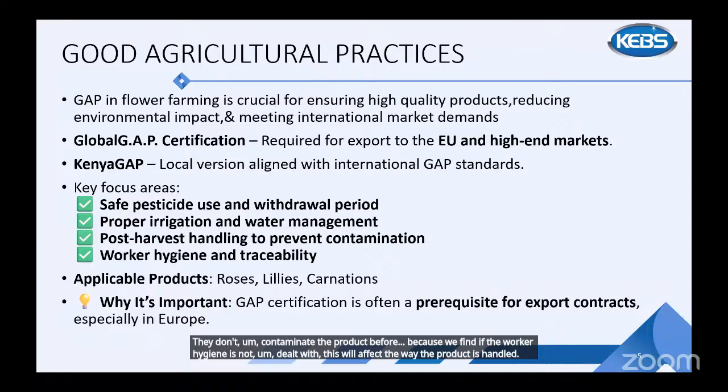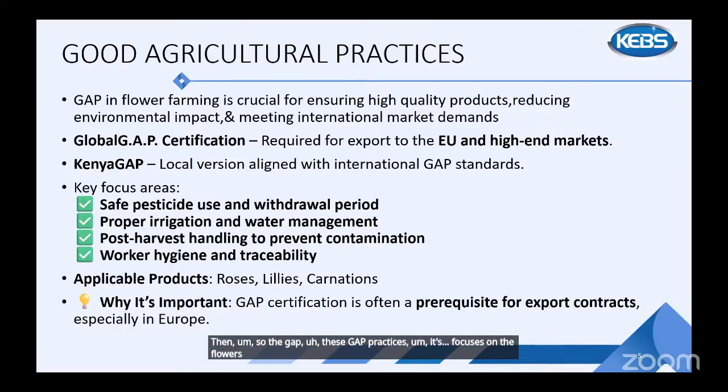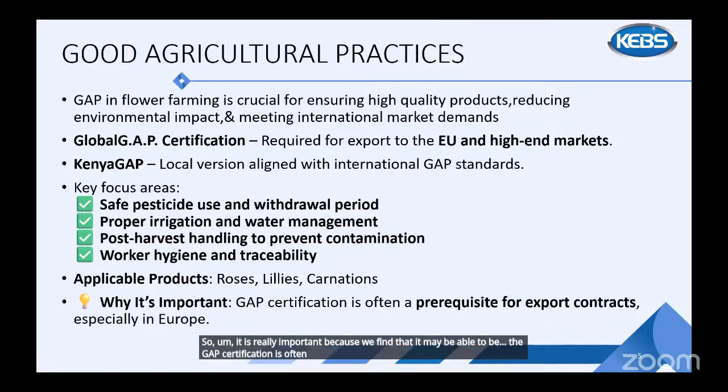Then this GAP practice focuses on the flowers, as I had mentioned, and examples might be like the roses, the lilies, and the carnations. So it is really important because the GAP certification is often a prerequisite for export, especially in Europe.